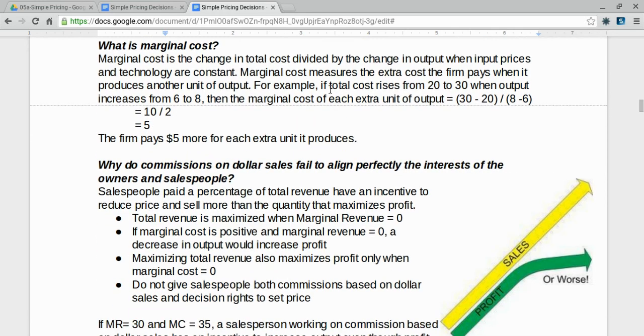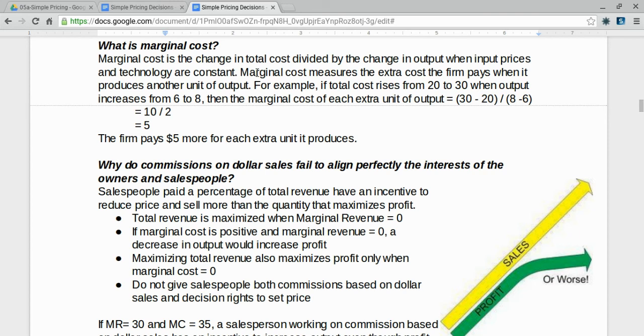Marginal cost. Marginal cost is the change in total cost divided by the change in output when input prices and technology are constant. It measures the extra cost the firm pays when it produces another unit of output.